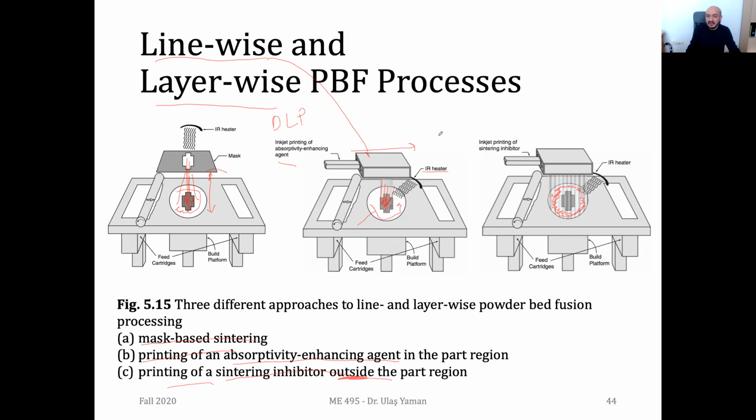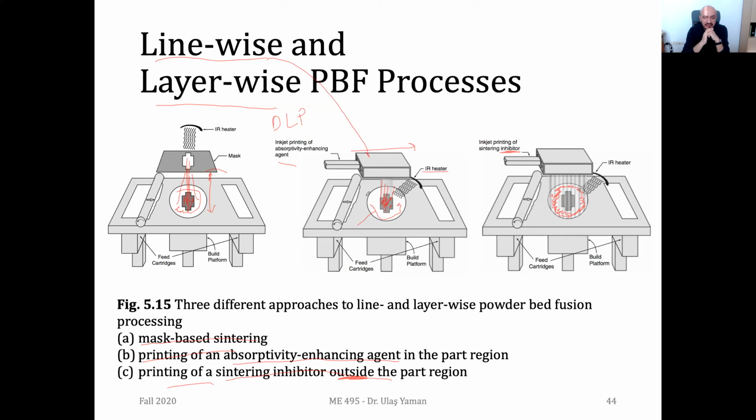Since it's an inhibitor, it will eliminate the fusion process. As you see, we have such different applications, but we don't have many of these in commercial products. In the commercial ones, they mainly use a laser, and the laser simply scans the bed and tries to sinter or melt the powders together.